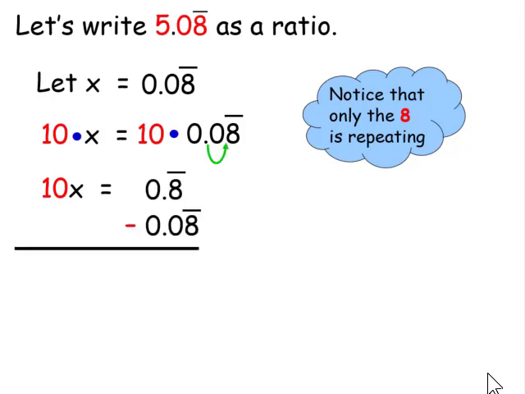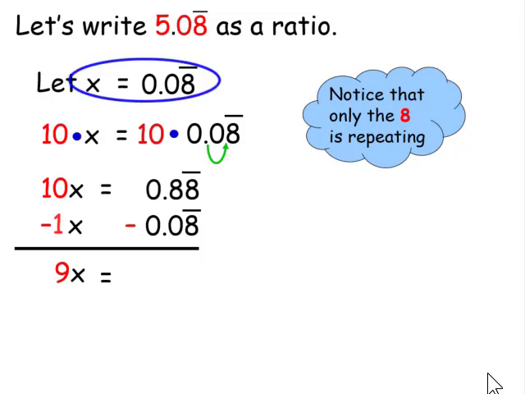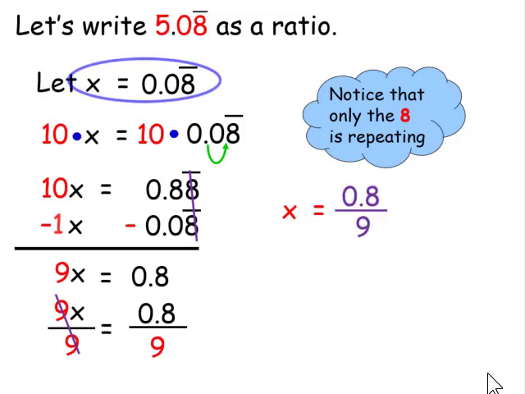We'll subtract 0.08 bar from both sides. 10x minus 1x is 9x. 0.88 bar minus 0.08 bar: the 8 bars cancel. 0.8 minus 0.0 is 0.8. Divide both sides by 9. The 9's cancel. X is equal to 0.8 over 9.